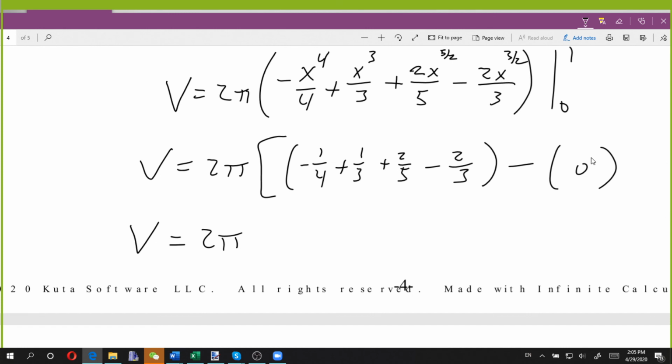I want to combine these, so what should the bottom of my fraction be so that we can combine all of these? 60, that works.